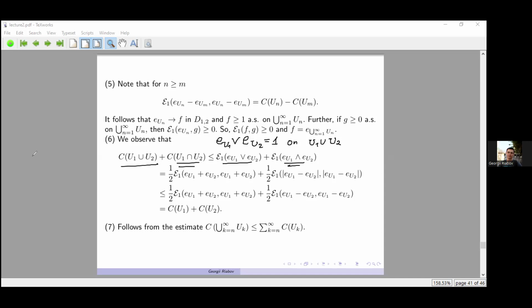So I wrote it a little bit incorrectly. Here I should have E1 of maximum and maximum, plus E1 of minimum and minimum.